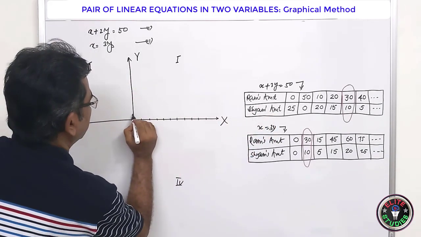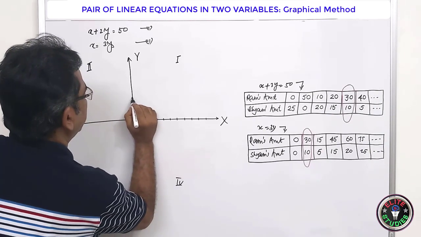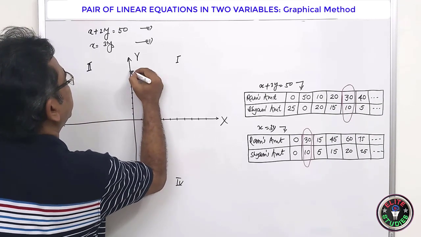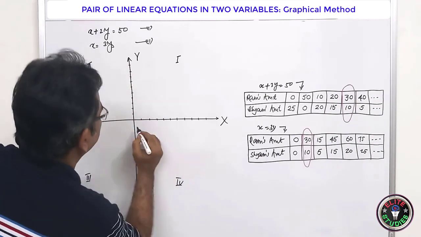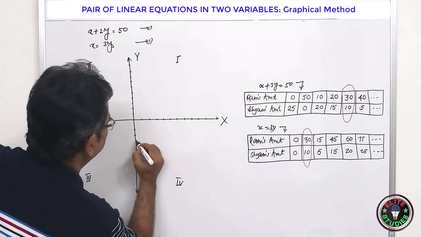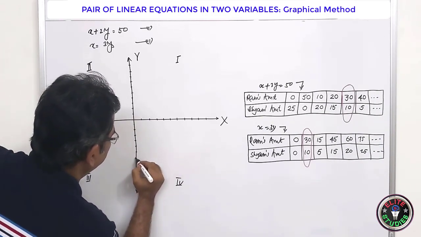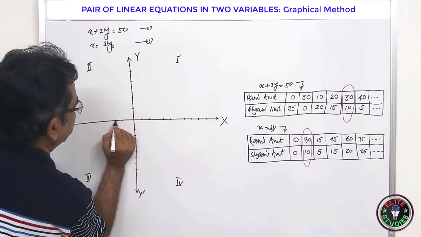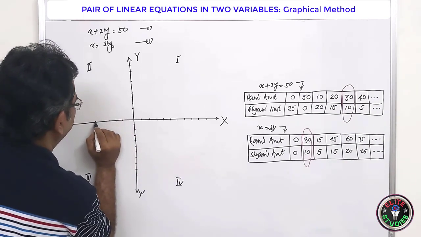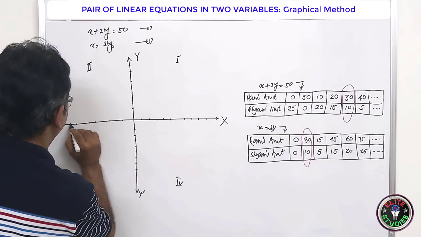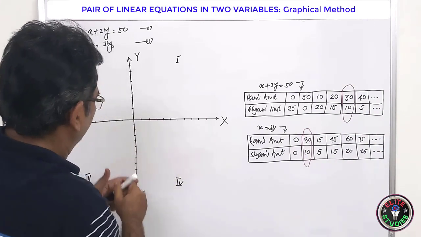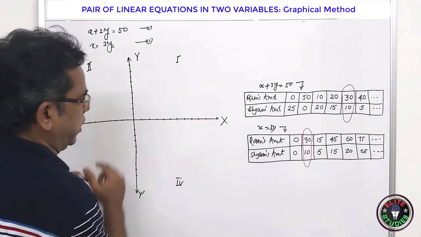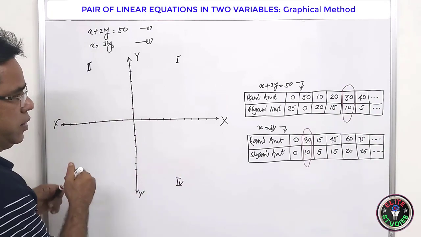Here also we can take 10, 20, 30, up to 100. The only thing to remember is that the spacings must be equal. Now let us try to plot.